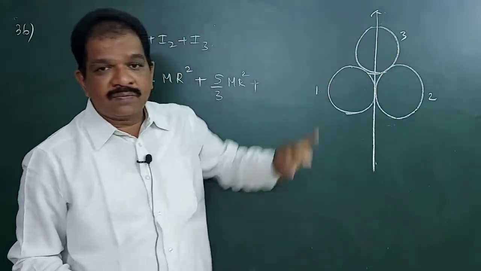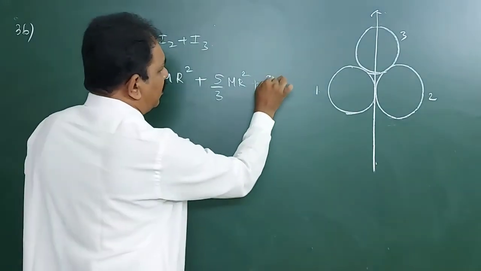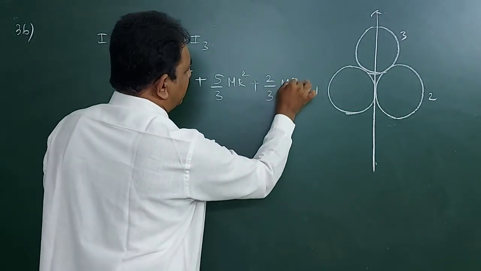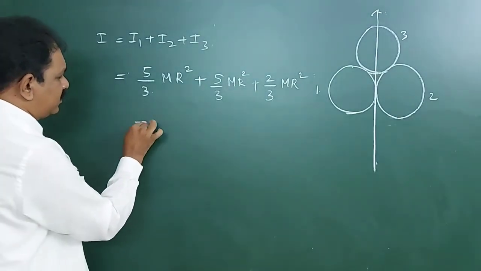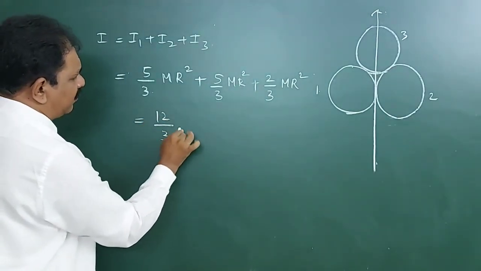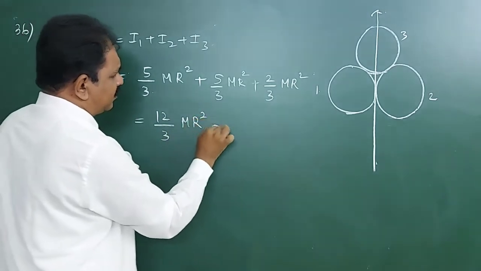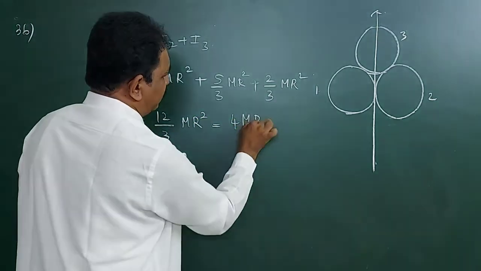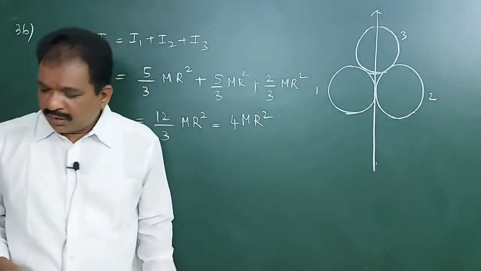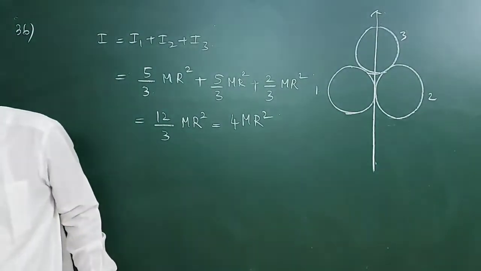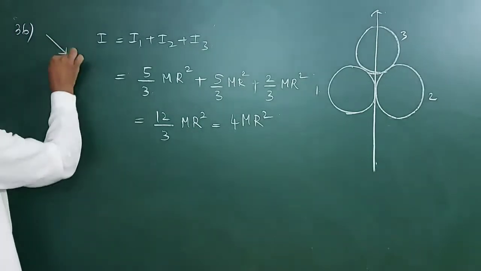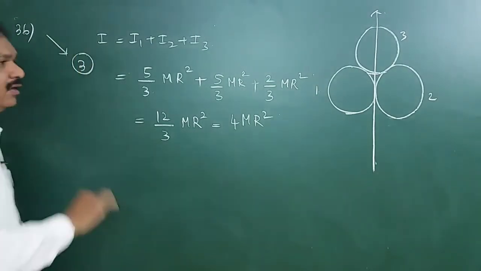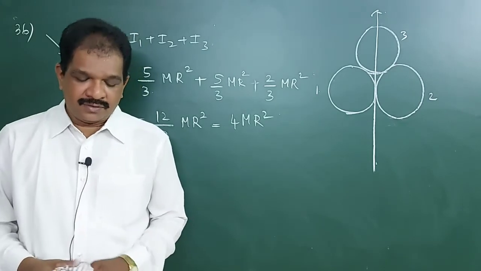For this too, this will be tangents. Formula for this will be 2 by 3 mr square. So this value 12 by 3 mr square. This value will be 4 mr square. So formula for this will be 4 mr square. 36, it will be third option.